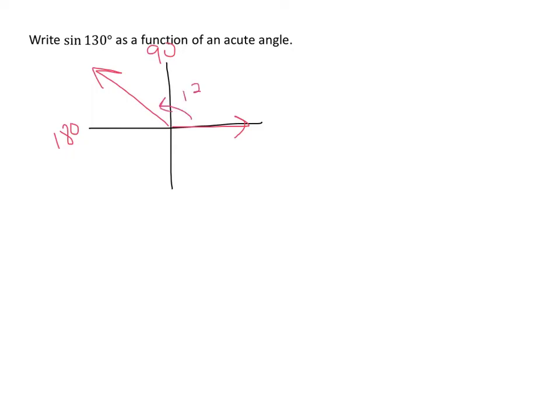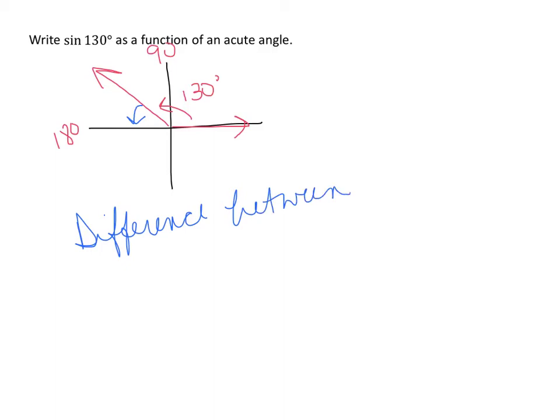This is 130 degrees. So when I'm looking at the reference angle, I'm going from the terminal side to the x-axis. So I'm now looking for the difference between the next quadrantal angle, in this case 180, and the degree of theta.